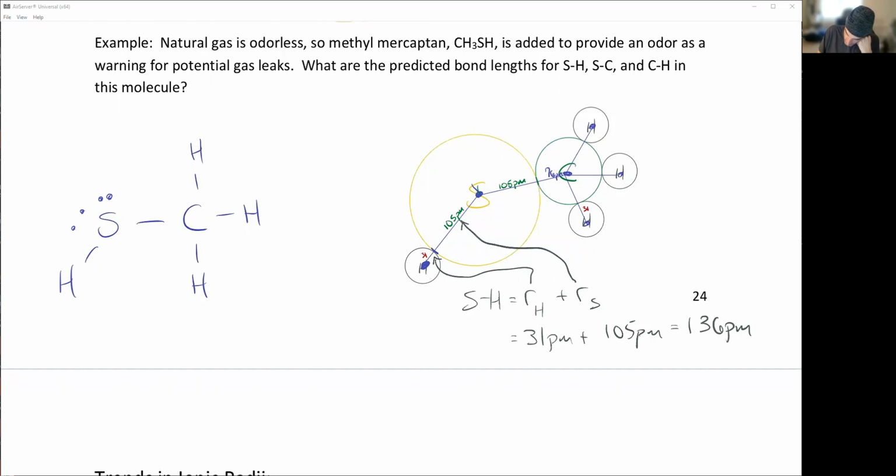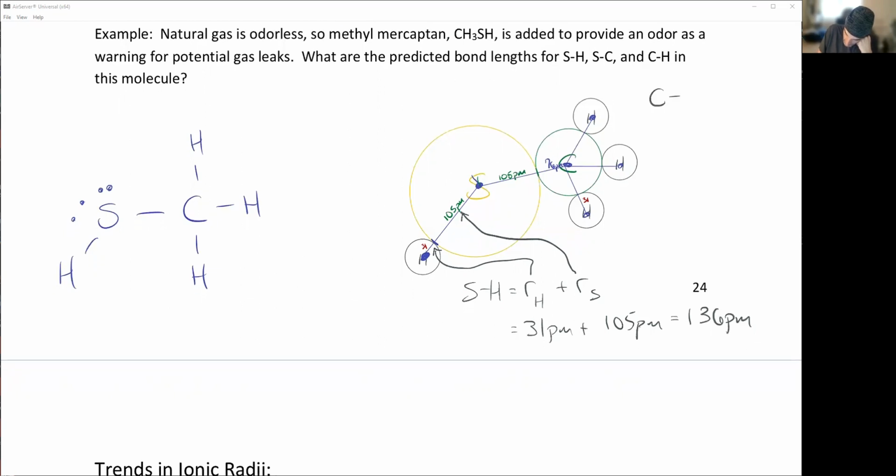So what is the length of a CH? What is the length of an SC? And we have all of the lengths that we're going to need. The CH is going to be 76 plus 31 for a total of 107 picometers.